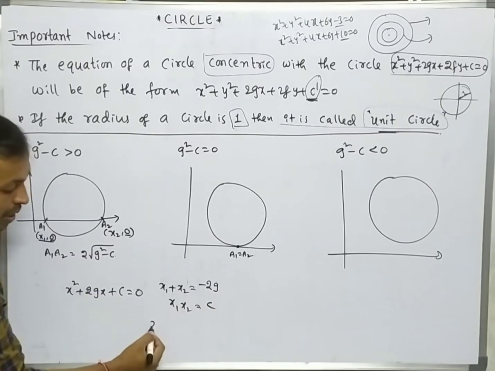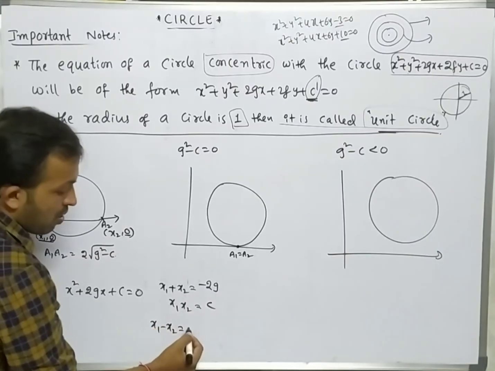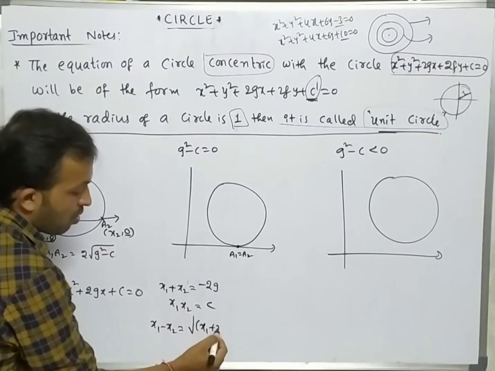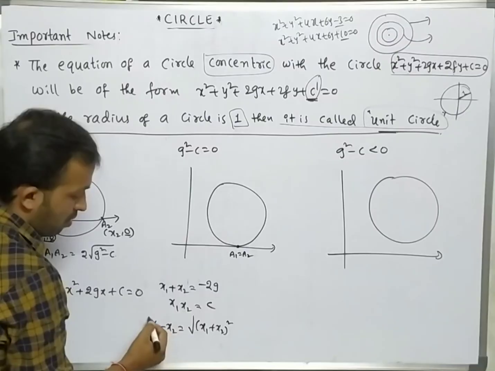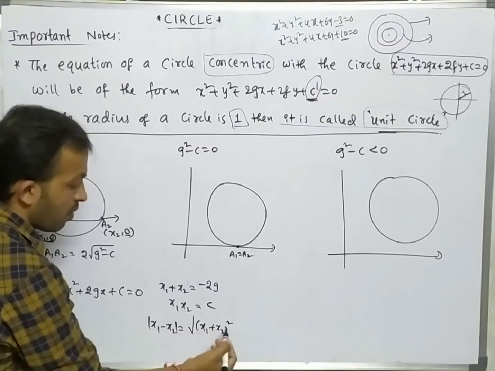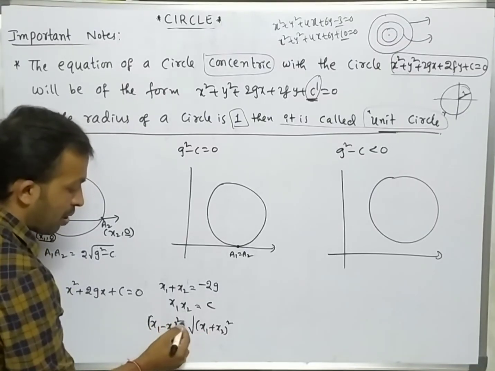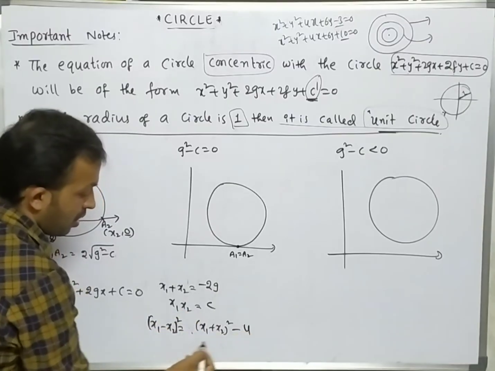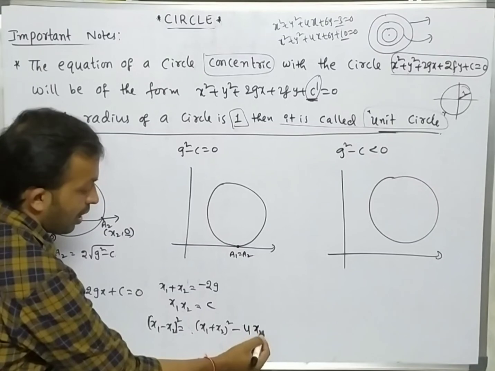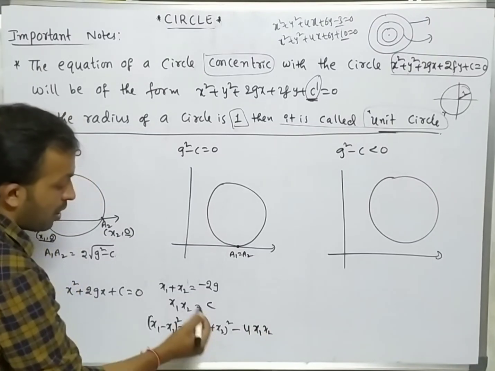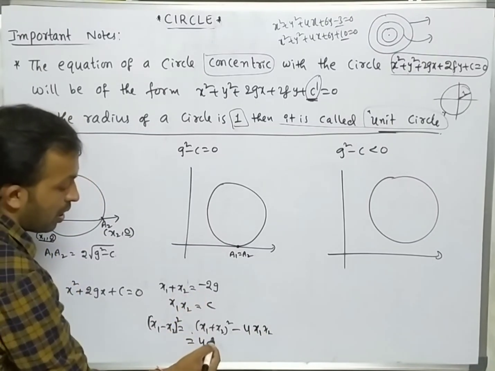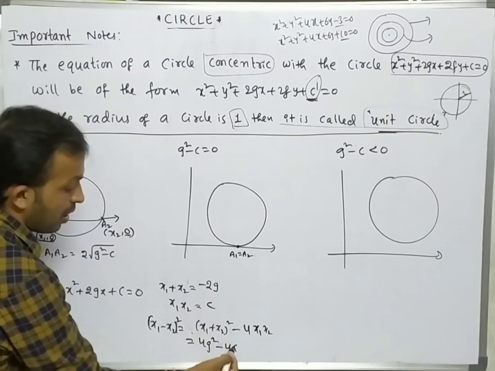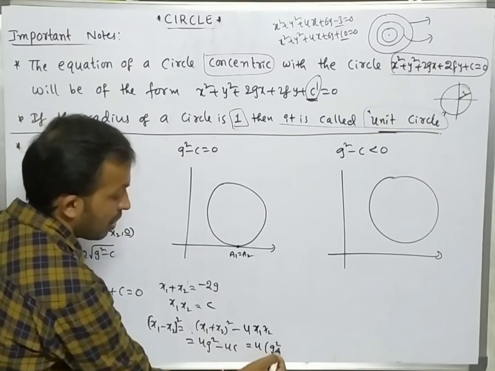From this, x1 minus x2 is equal to the square root of x1 minus x2 whole square. So x1 minus x2 whole square is x1 plus x2 whole square minus 4x1 x2. x1 plus x2 whole square means 4g square, minus 4c. Taking 4 as common, it is 4 into g square minus c.